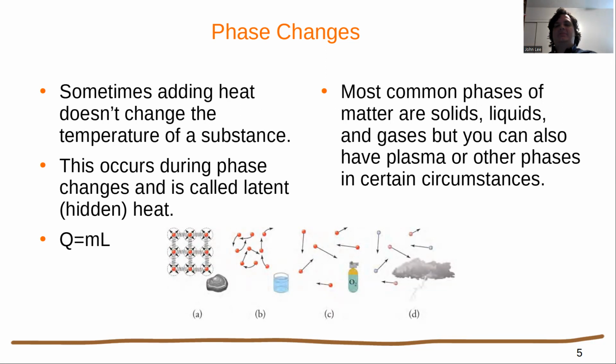So that's the three common phases of matter, but you can also have plasma or other phases of matter which are more complex, where plasma is something where you get really, really hot and it ionizes the molecules so that they're charged particles instead of just being neutral particles.